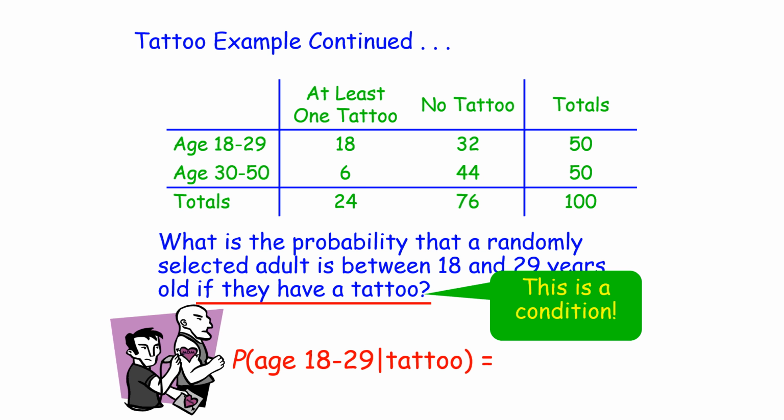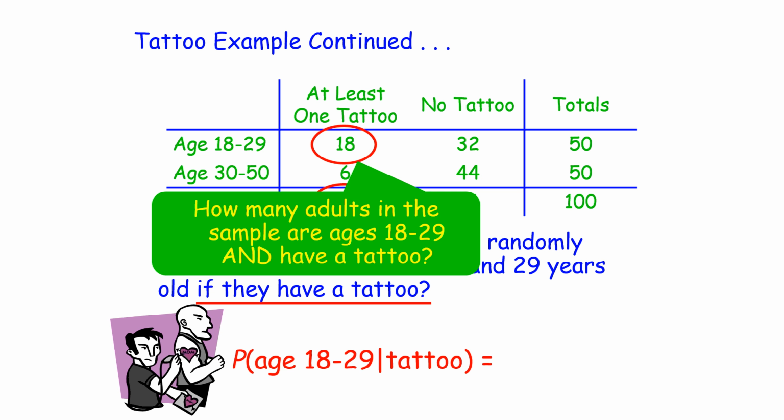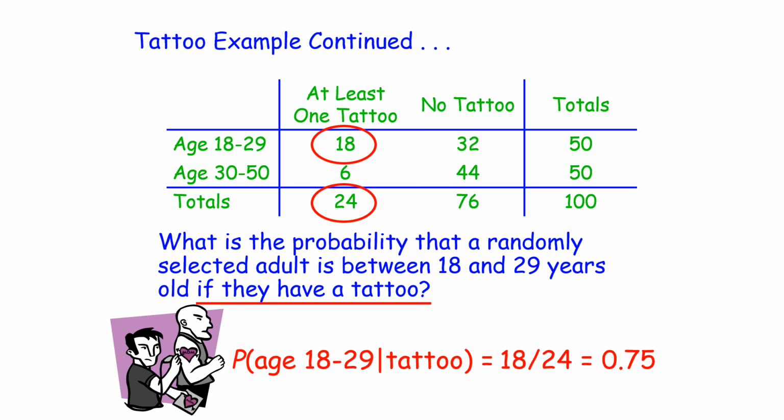So what we want to know is how many adults in the sample have a tattoo. There's 24, so that's going to be our total amount. And how many adults in the sample are ages 18 to 29 and have a tattoo? That's 18. And so here we're going to have 18 out of 24 people, which comes out to 0.75.